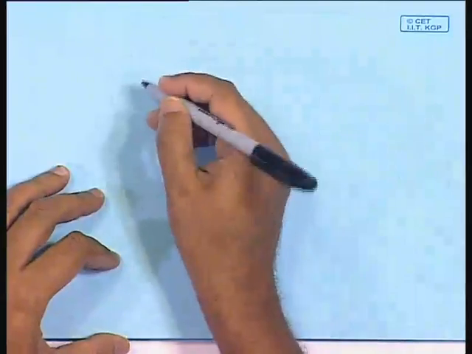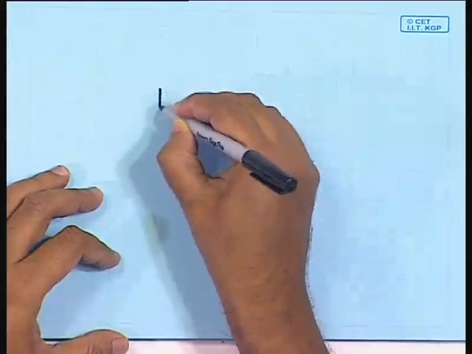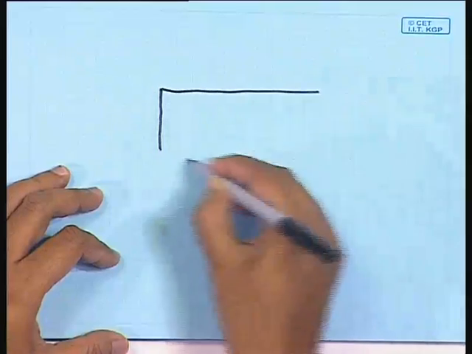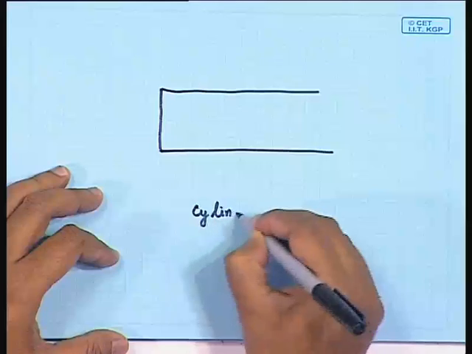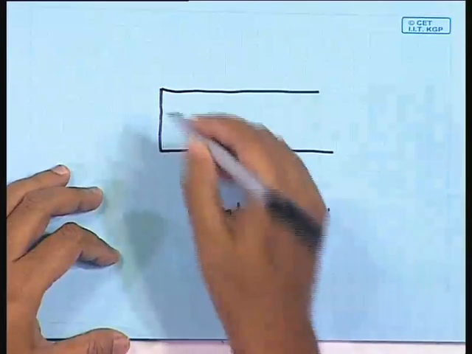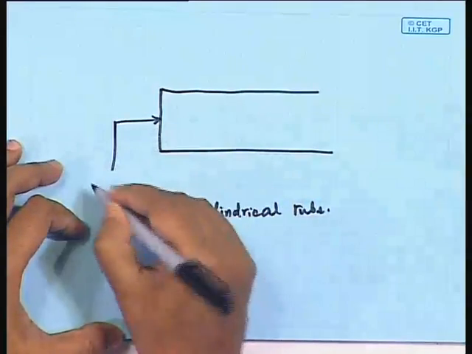So we now model the vocal tract in a very simple way. We consider a cylindrical tube, an organ pipe like cylindrical tube. So this is a cylindrical tube, and here there is a sound source.